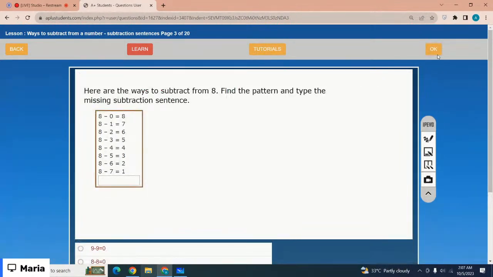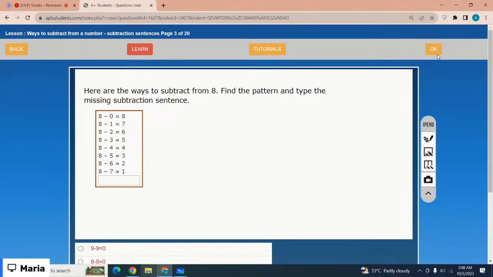Okay, here are the ways to subtract from 8. Find the pattern and type the missing subtraction sentence. So which subtraction sentence is missing? You have to find the ways to subtract from 8, right?